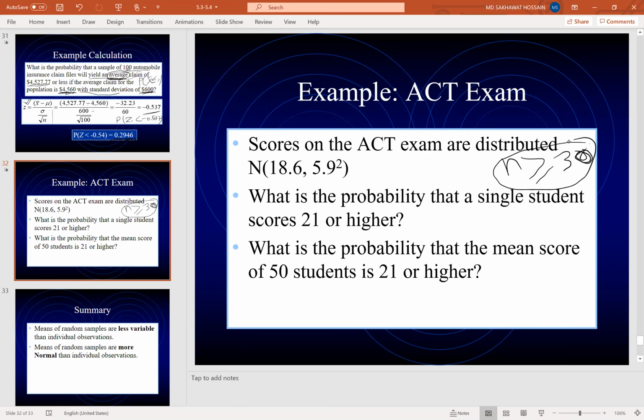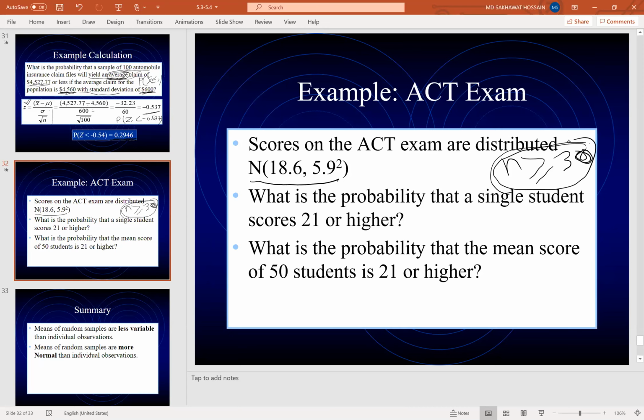And this is called the central limit theorem. Scores on the ACT exam are normally distributed. If it is given that the data is normally distributed, then for sure the sampling distribution for the mean will always be normal, whatever the sample size.